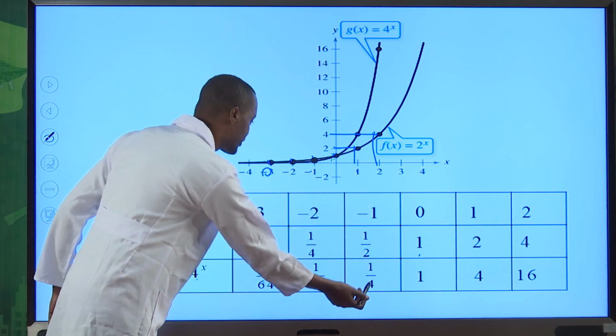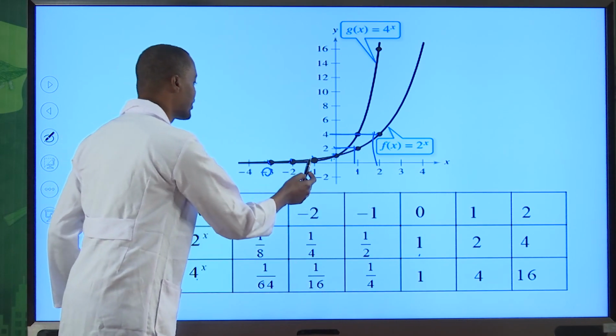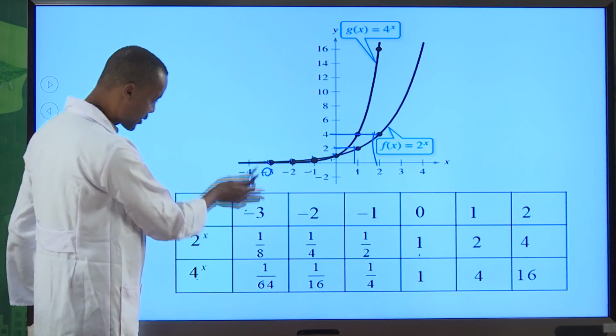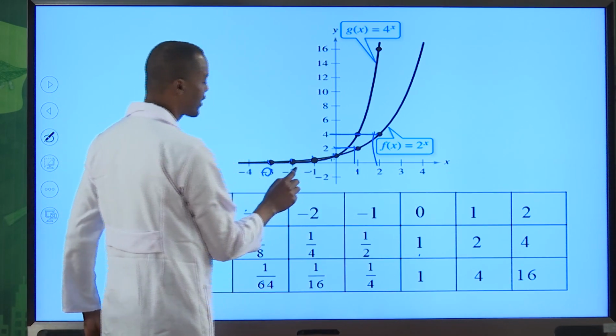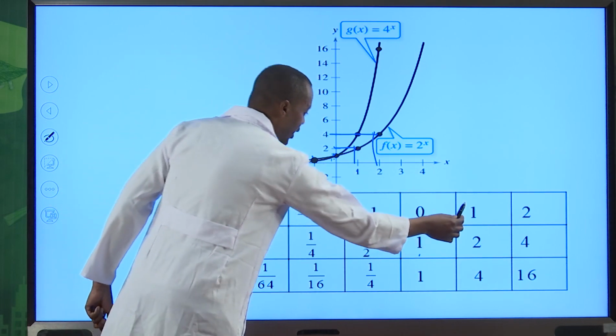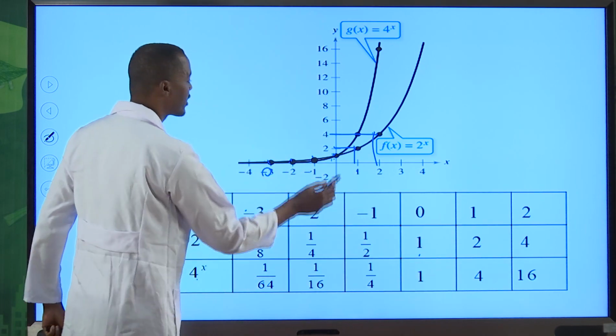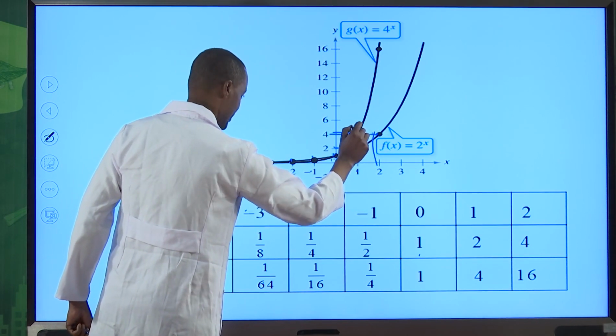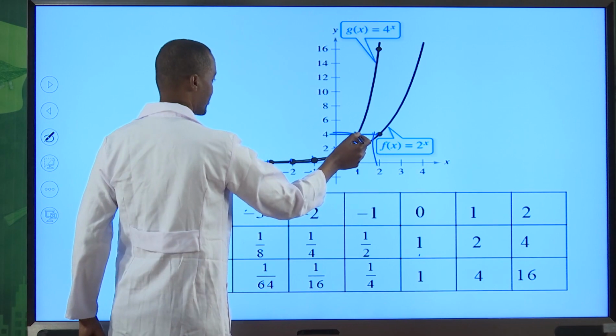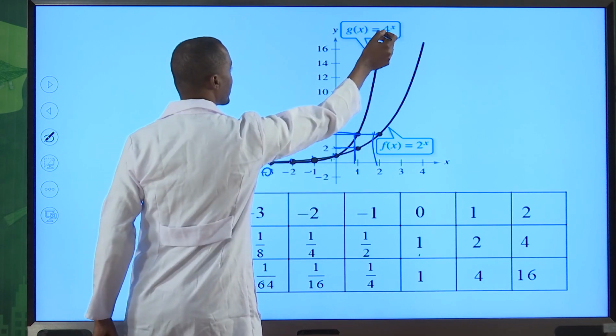If I choose minus 1, that is 1/4, over this point but underneath it. At 0, 1, it is the same point here. If I choose 1, that becomes 4. That is this point, not that point, but this point. That is for this function.